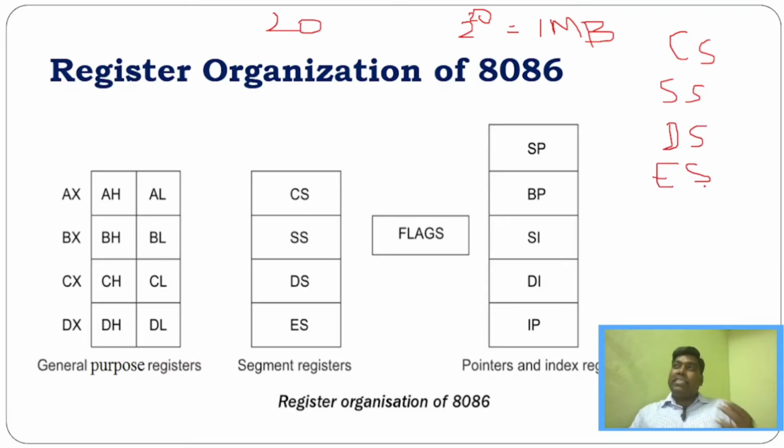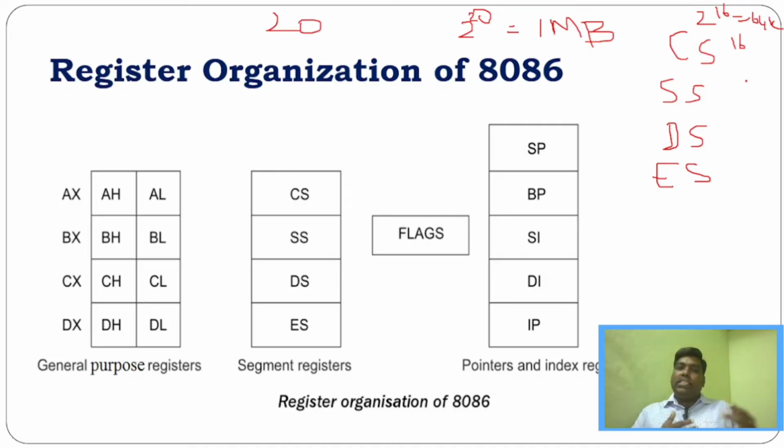We will explain that in detail in the architecture, but as of now you understand that the memory is split into 4 different segments, and each segment is addressed by 16-bit registers, which means each segment can have around 64 KB of memory locations. So this is just an outline about the memory of 8086.